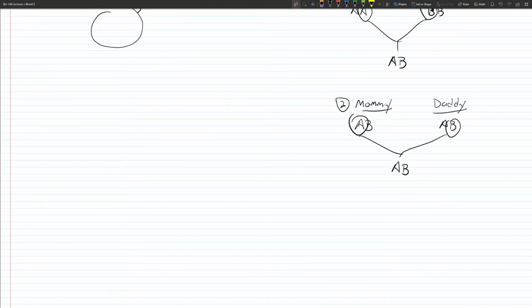Now, here's the thing. Let's just say I have mommy and daddy. Let's say she's AB and dad is O again. Baby can't be AB. Baby can only be A or B because daddy's got nothing to give. So keep that in mind.